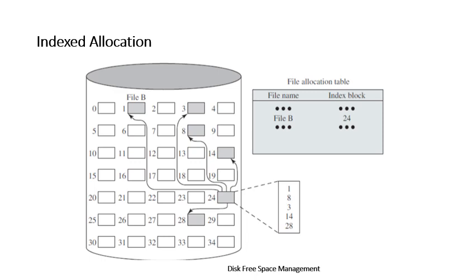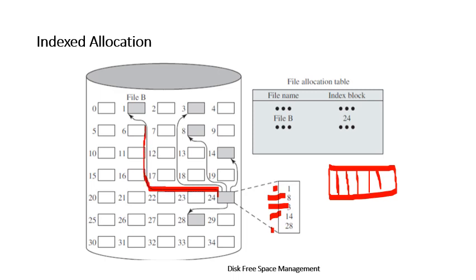Suppose this is a file and it contains this many blocks, and for each block a different index or address is allocated, in number format. Only one index block contains all these indexes: 1, 8, 3, 14, 28. From this point all the file blocks will be linked.